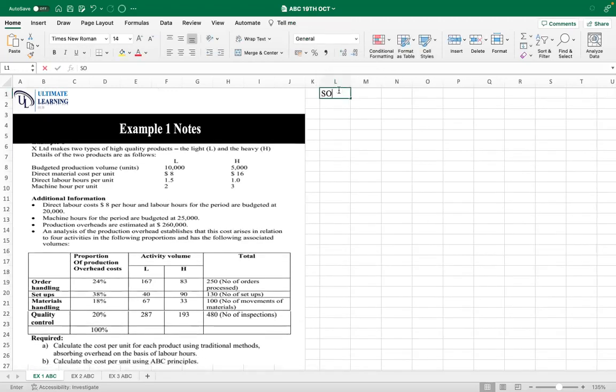So in our solution to the question, we will start with cost per unit, and we are using absorption costing, which uses labor hours.